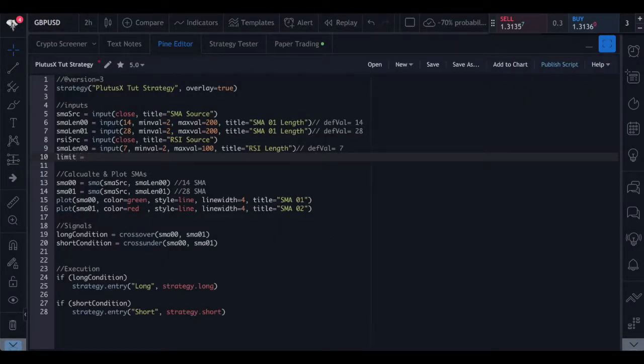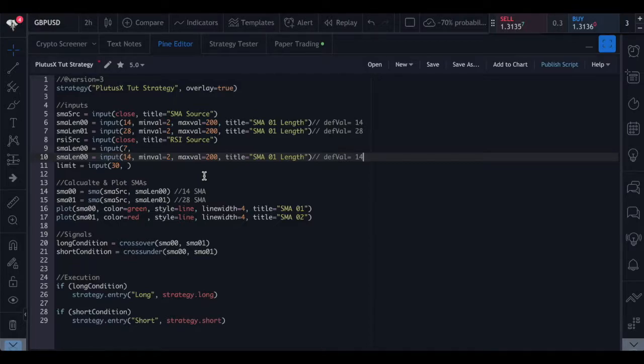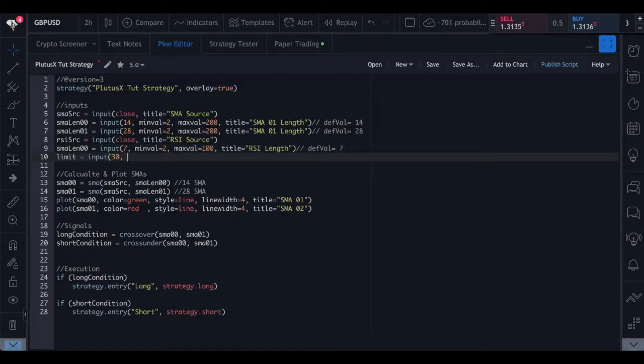Limit equals input. 30. Min val, we'll do 1, and then max val, we'll do 5.